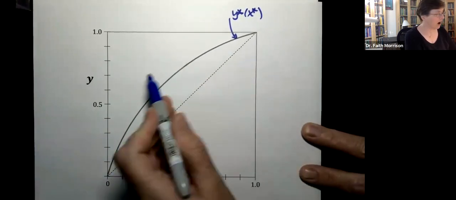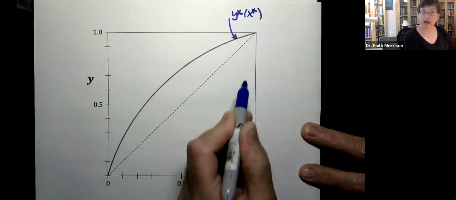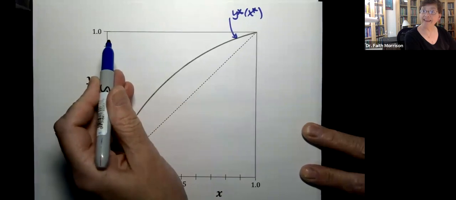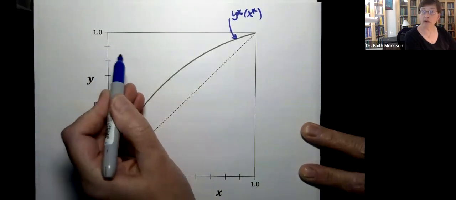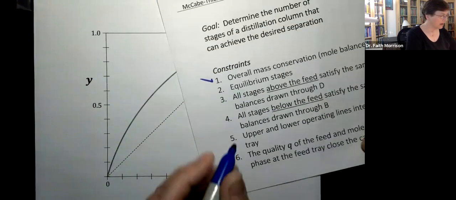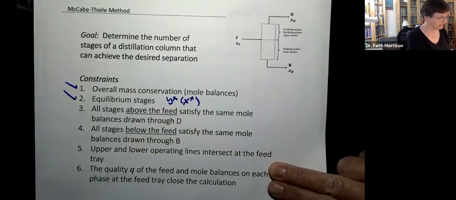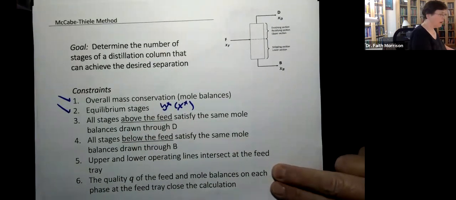And therefore I should be able to relate, if I'm given the X value, I should be able to get the Y, or if I'm given the Y value at the equilibrium stage, I should be able to get the X. So we've got the Y star as a function of X star constraint.